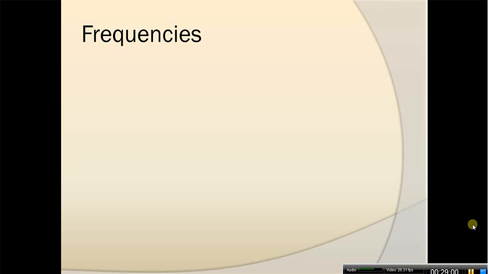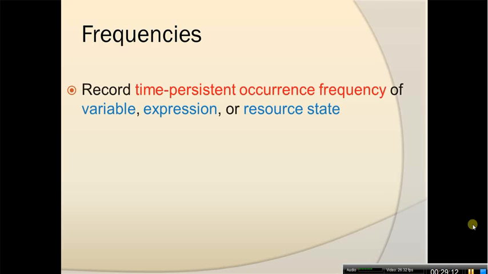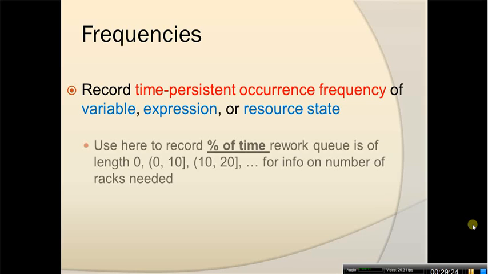So the next thing we want to talk about is frequencies, and this will be useful because we needed to determine how many racks we want to buy to have the entities wait in the queue. So frequencies are statistics, and they record time persistent occurrence frequency of a variable expression or resource state.